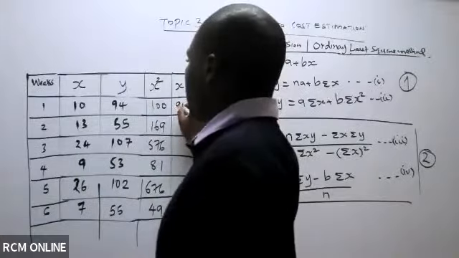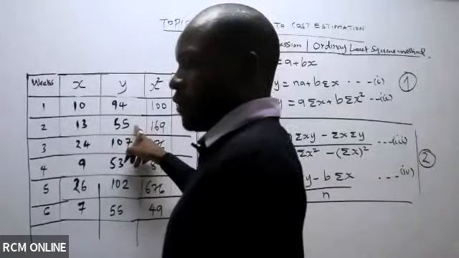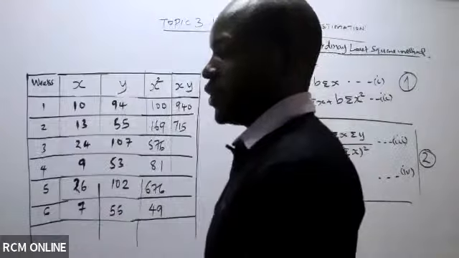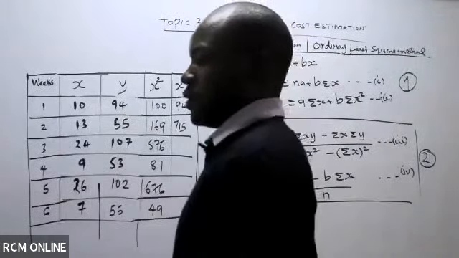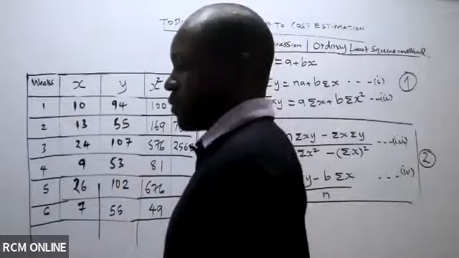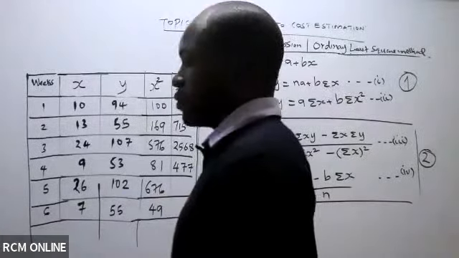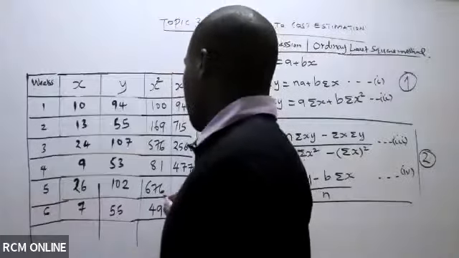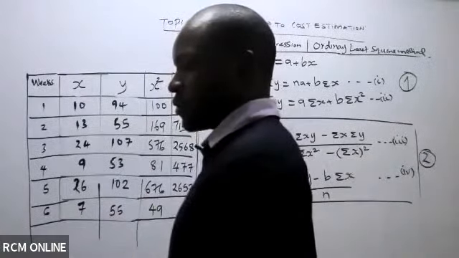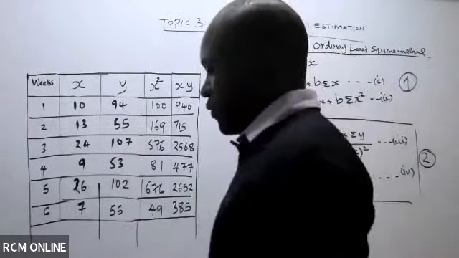So 10 by 94, 13 by 55, 24 by 107, 2568. 9 by 53, 26 by 102, 2652. 7 by 55, 385. So how do we get the summation of all that?